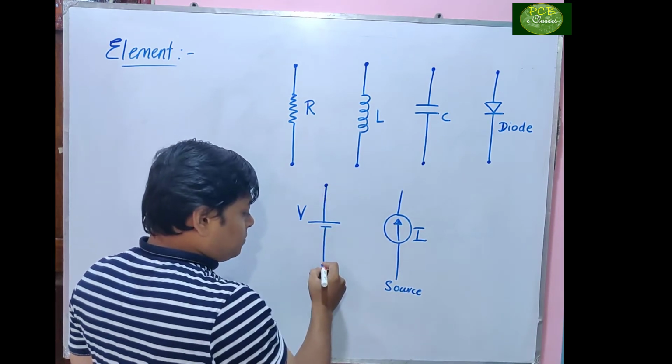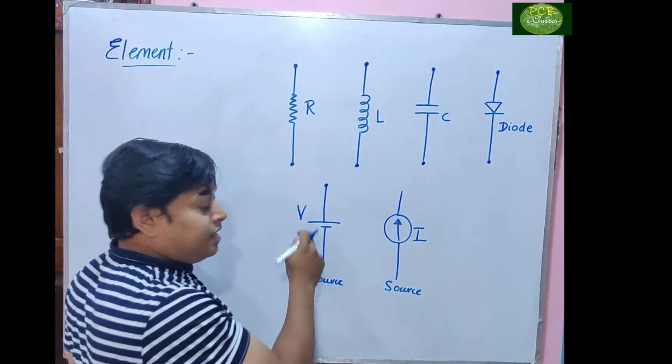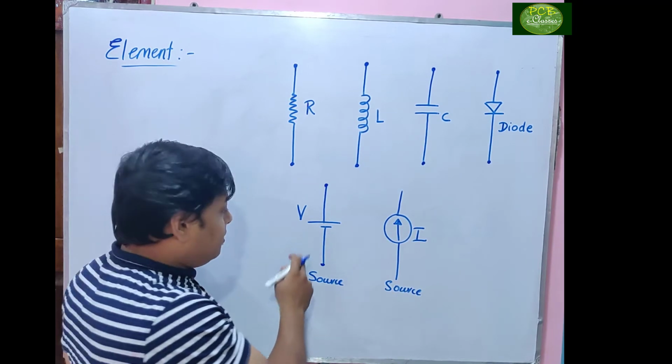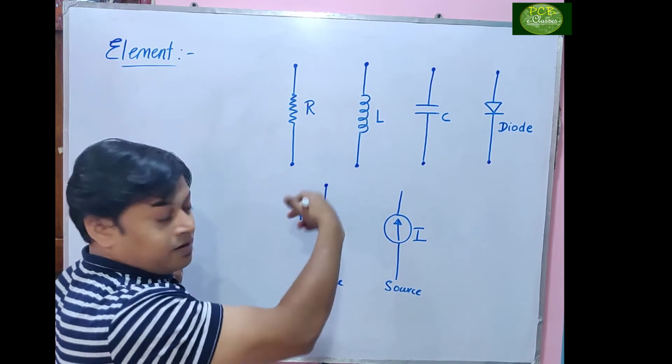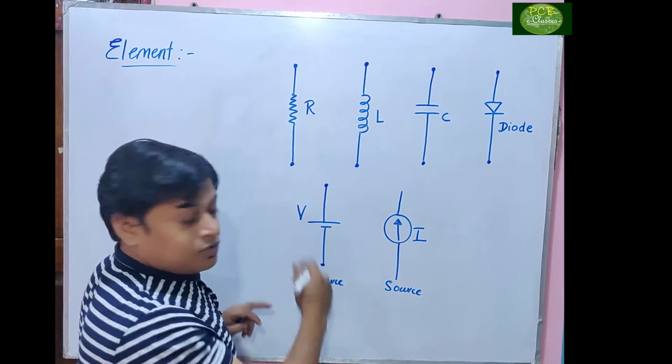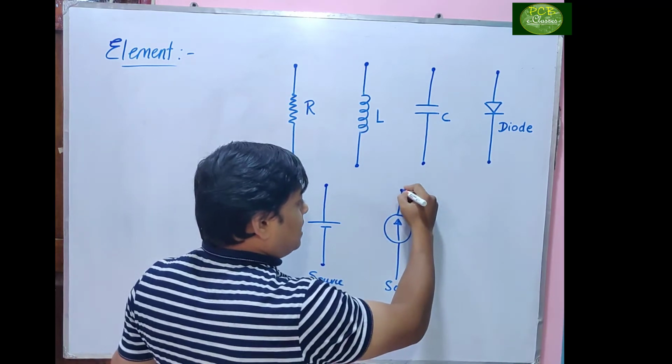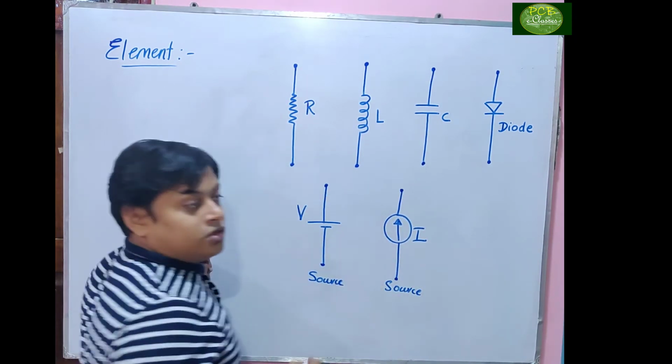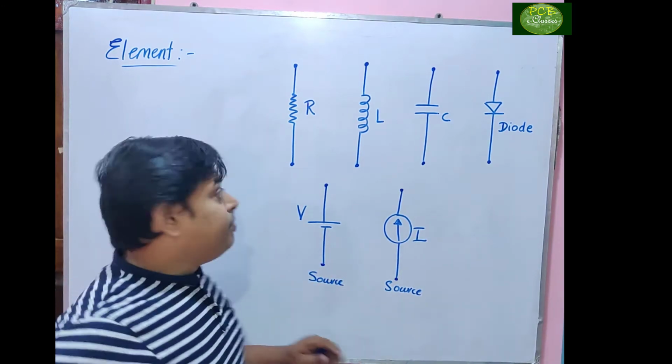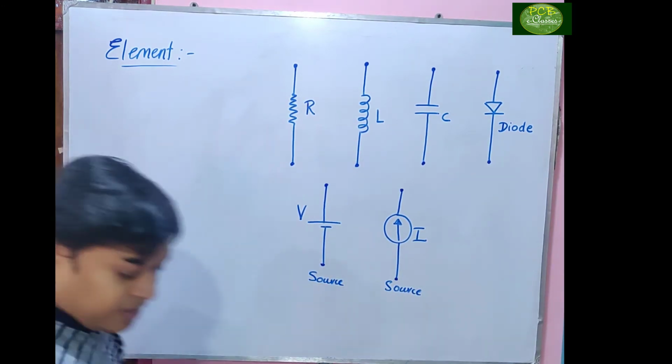Voltage source, it's an element. Fine. This is the representation of the battery. In the next part we will be seeing this one. This is a current source which is having two terminals. So this is also an element. What is an element?